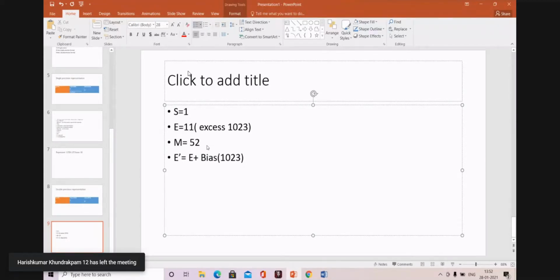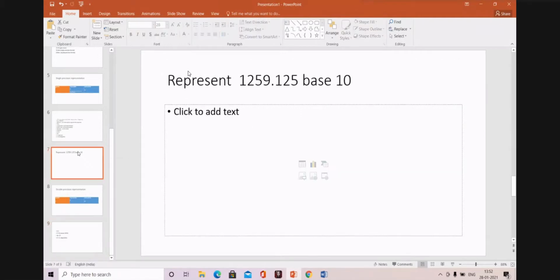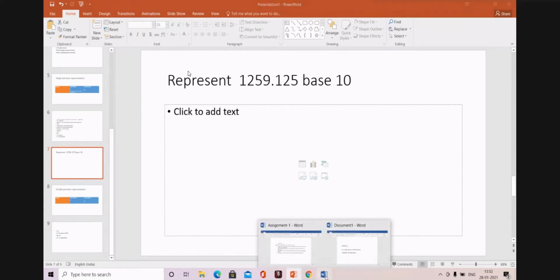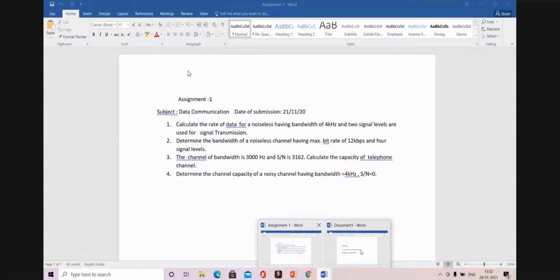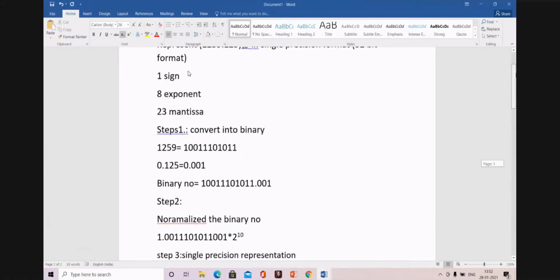So taking the same example of 12.5, now how will you represent that number in double precision format? We will take the same example.